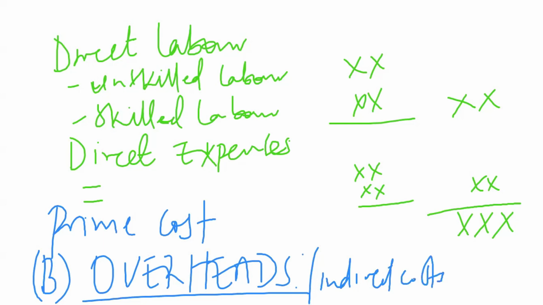Remember, we've been on the direct costs. Now we've switched to the overheads or the indirect costs. And these also follow the same format as the direct cost. In other words, we are just going to duplicate the direct costs. So how are we going to do that? Let's go to the next sheet.